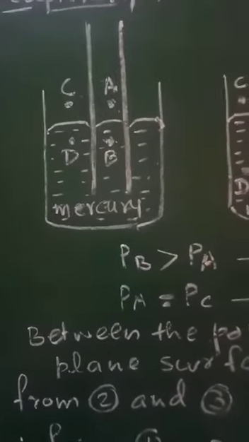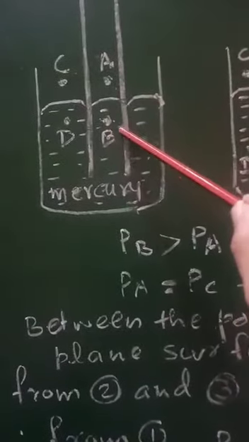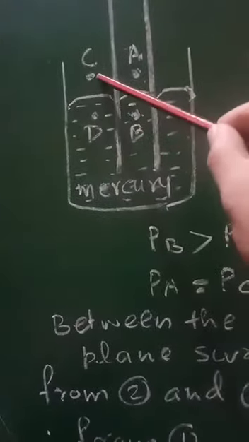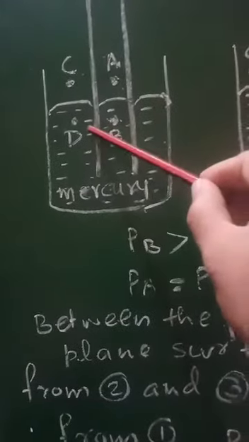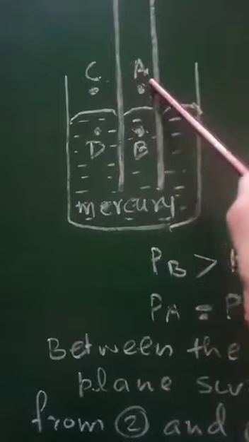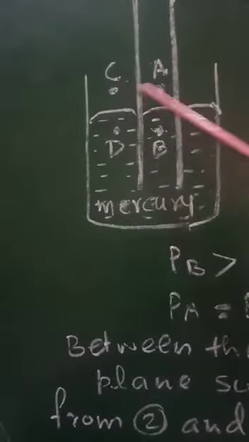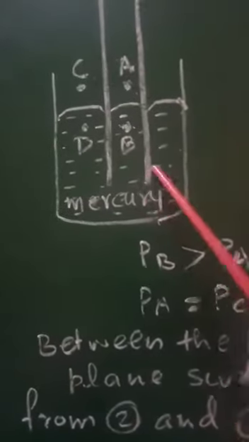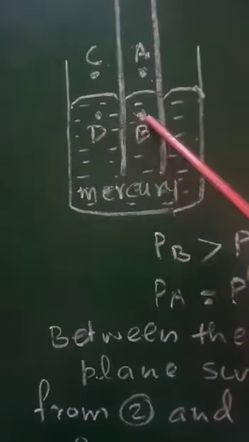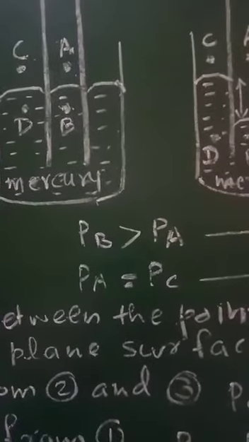Let PA be the pressure at point A, PB pressure at point B, PC pressure at point C, and PD be the pressure at point D. Now points A and C are at the same level, therefore PA is equal to PC. Similarly, points B and D are at the same level, therefore PB equal to PD.